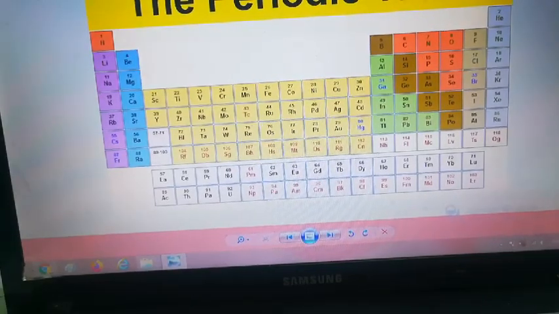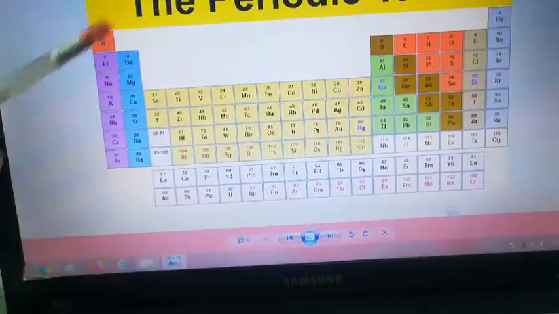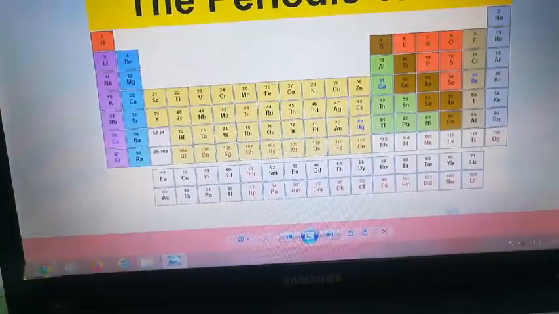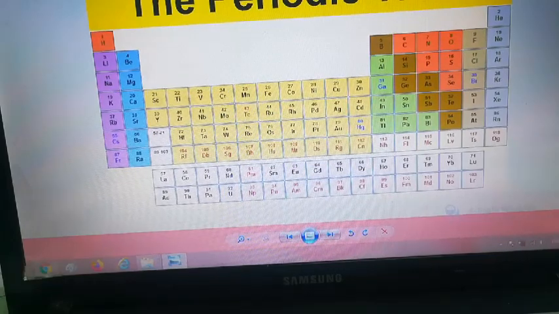But before drawing the tables, in general, groups 1, 2 and 3 have 1, 2 and 3 electrons in their outer shells, so they always want to lose electrons. They don't want these 1 or 2 or 3 electrons.